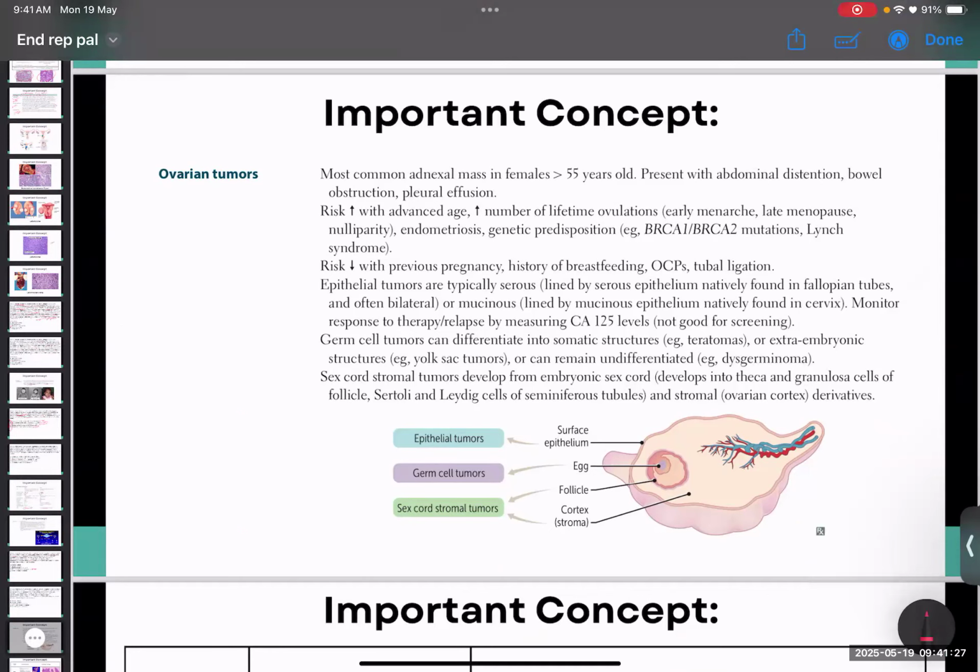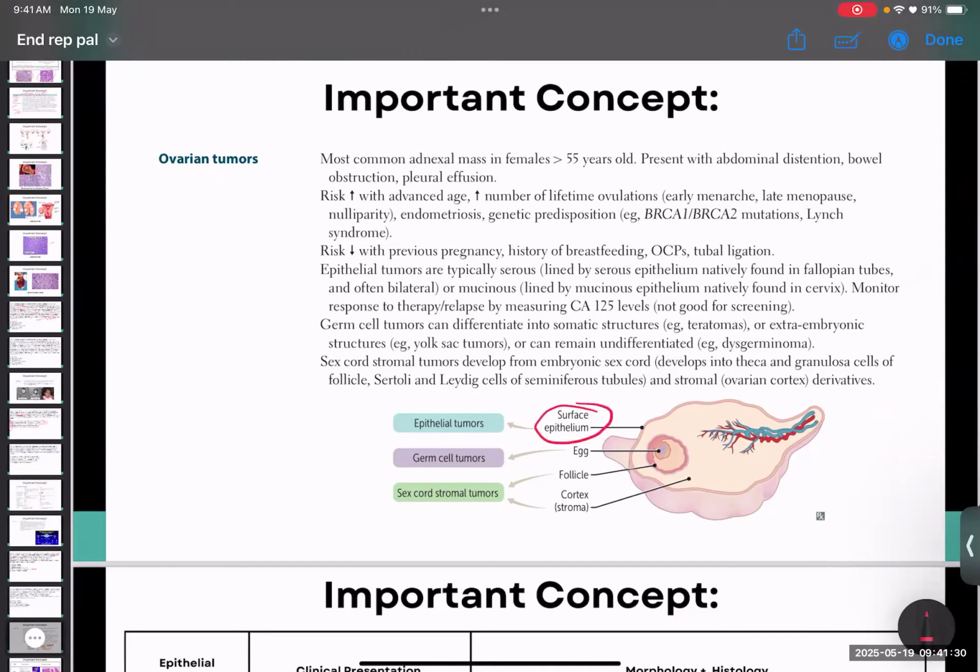Anything that reduces the number of ovulations decreases the risk of developing ovarian tumors, whereas anything that increases the number of ovulations increases the risk. So previous pregnancies, breastfeeding history, and OCPs lower the number of ovulations. CA-125 levels are a good way to monitor the disease in response to treatment. However, it's not a good way to diagnose the tumor itself.